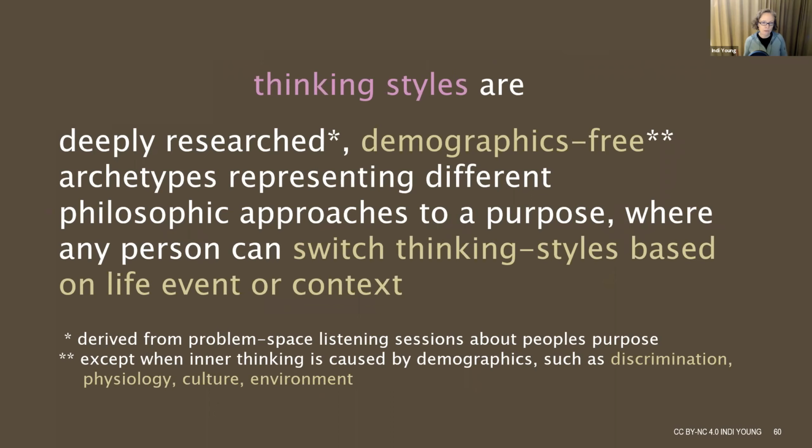They are deeply researched, and they're very specifically demographics free. They represent different philosophic approaches that people bring to a purpose. So we are not looking at the idea of, oh, we're going to make something for this anecdotal story and that anecdotal story, but instead a pattern of stories, a pattern of philosophic approaches to this purpose that then we can create something for.